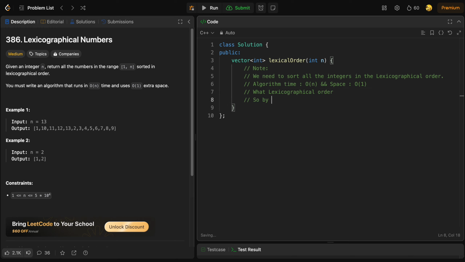Arranging in lexicographical order means that the numbers whose digits at the lower index are smaller should come first.